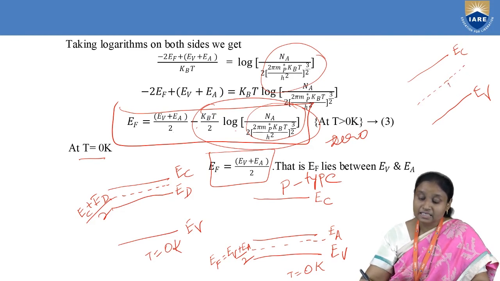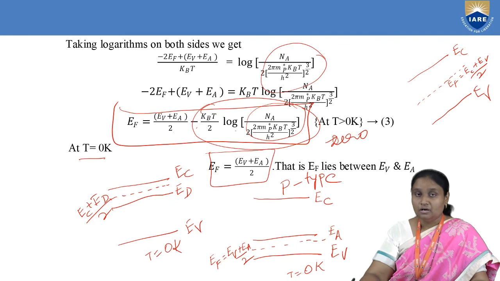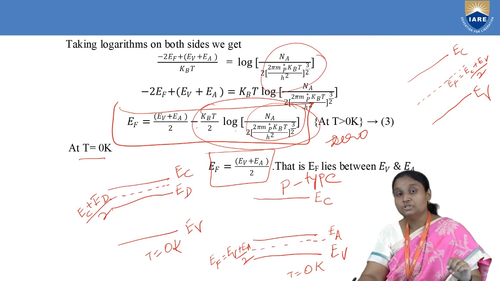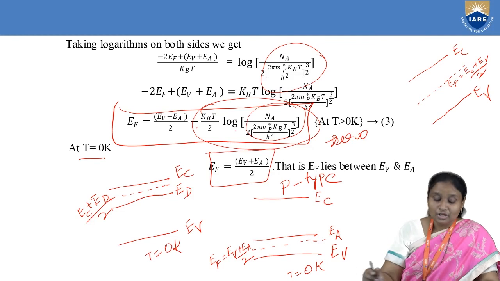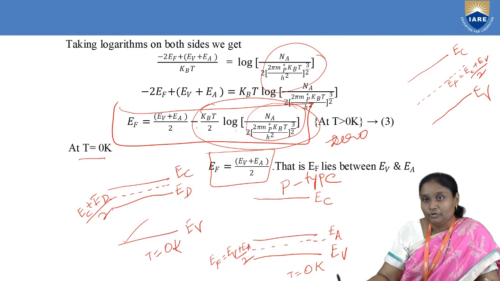In that case EF is given as EC plus EV by 2, exactly in the middle between the topmost energy level of the valence band and the bottommost energy level of the conduction band. So here we have seen that even though we have the same temperature, the location of the Fermi level changes from one type of material to another.